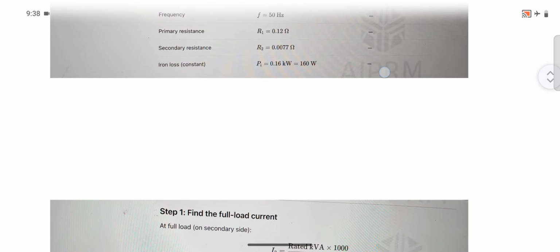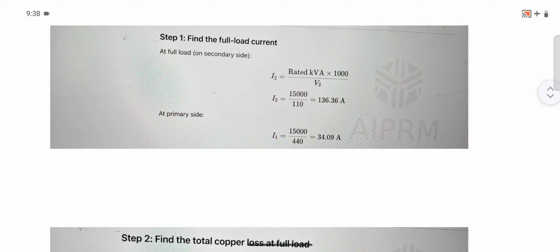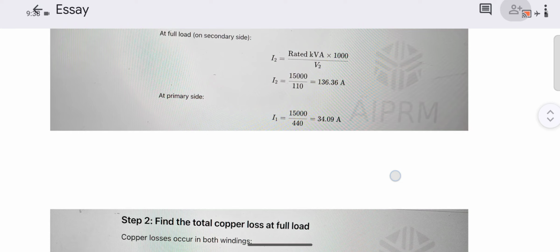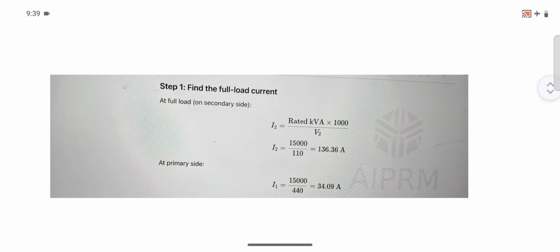Now, in the first condition, full load current. At full load on the secondary side, first we will calculate I2. You can see on the screen how I am calculating the value of I2. As we know, power is equal to VI.